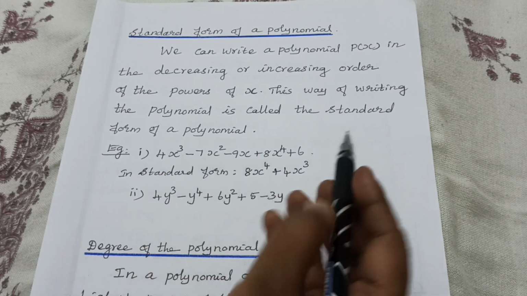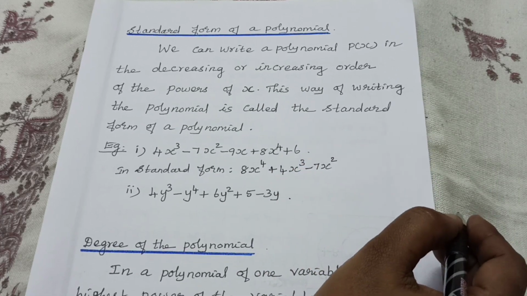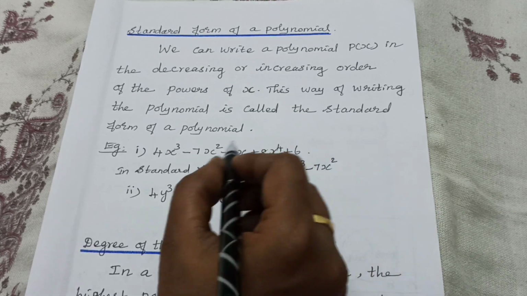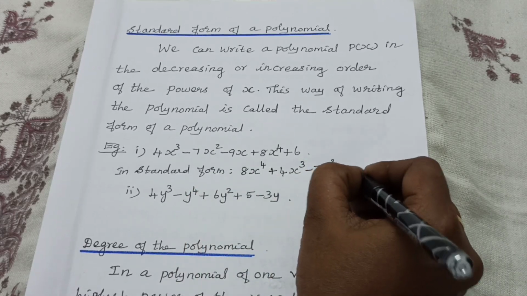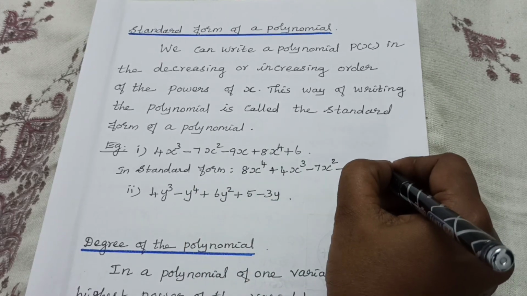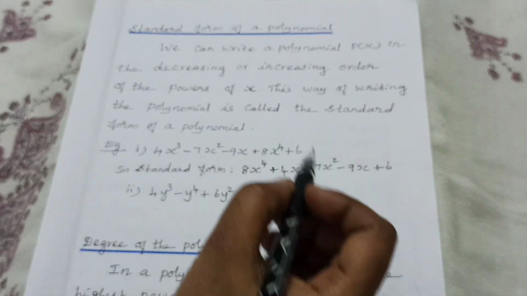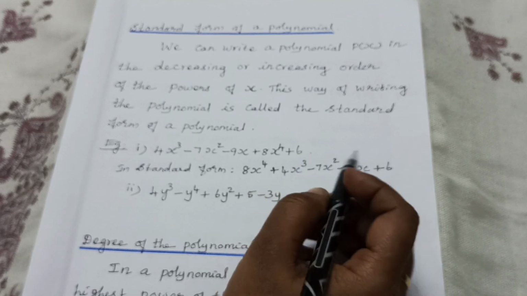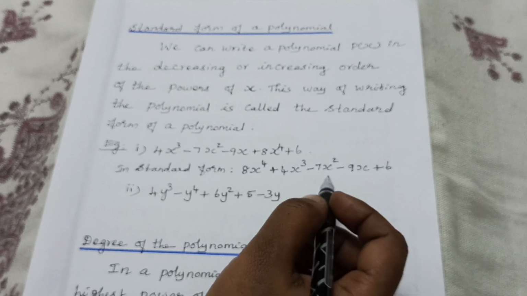Then afterwards x power 1, that term is minus 9x, plus the constant, which you write last. Okay, this is decreasing power of x, or descending power. Have you understood? Descending power or decreasing power of x.